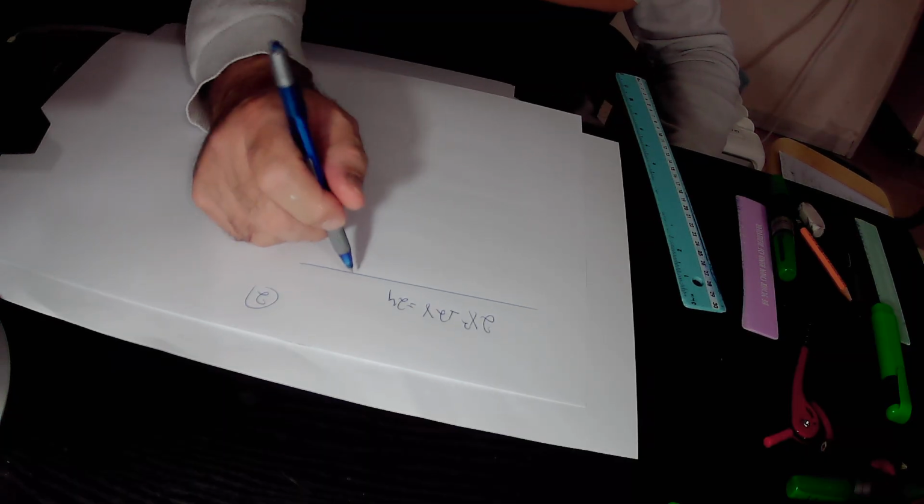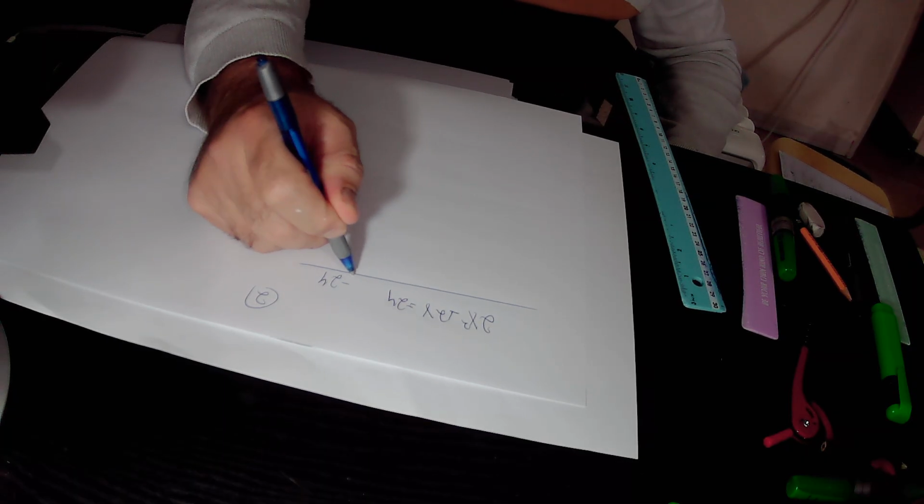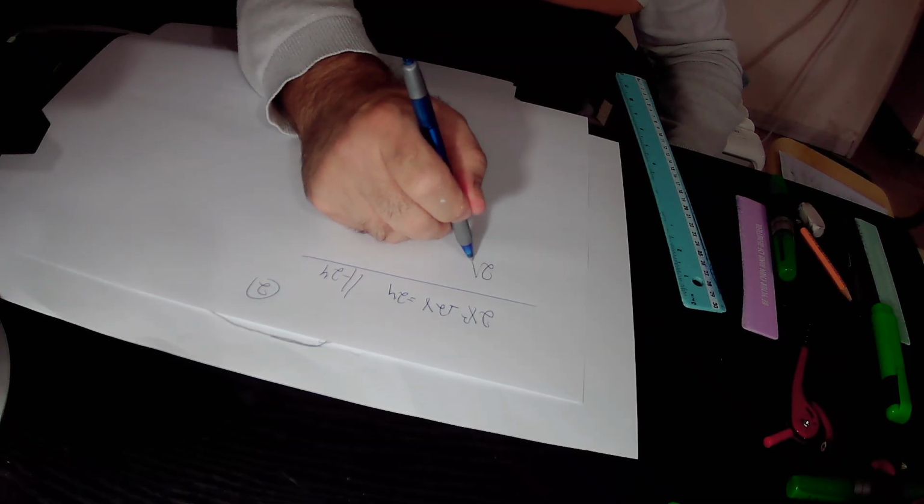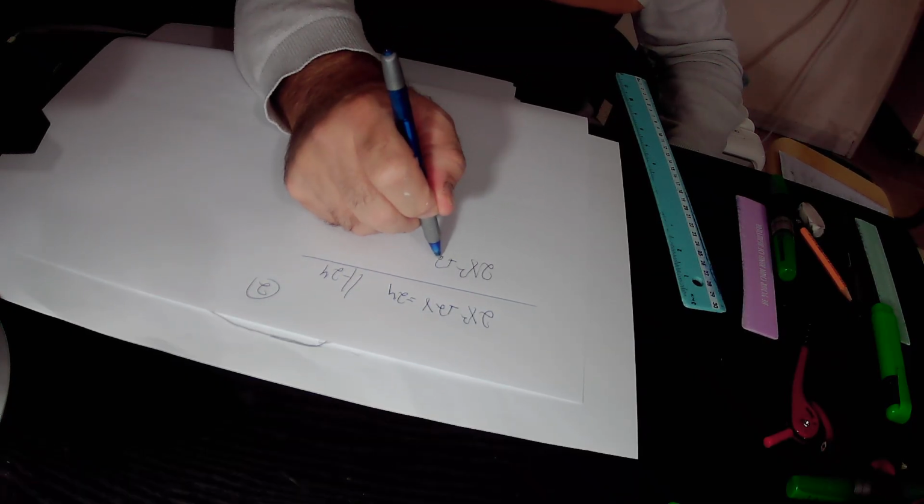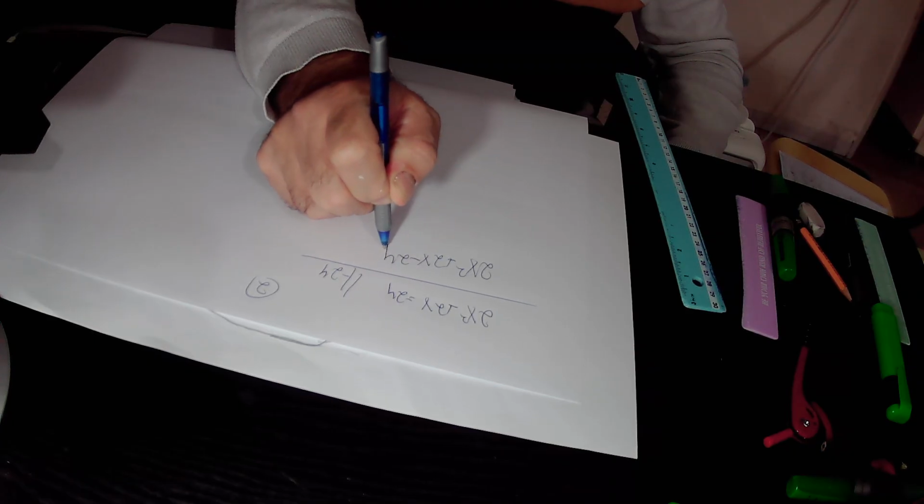Here we will subtract 24 from this equation. And we can get that 2x squared plus 2x minus 24 equals 0.